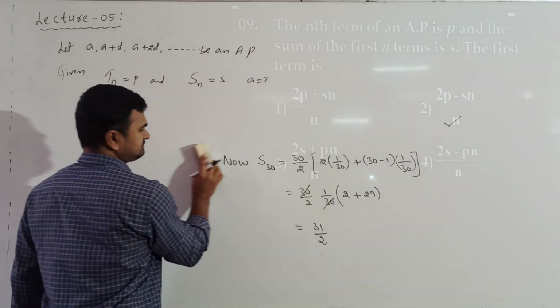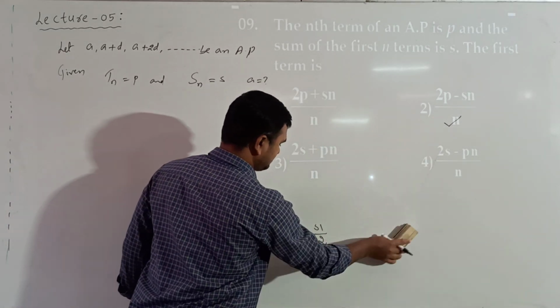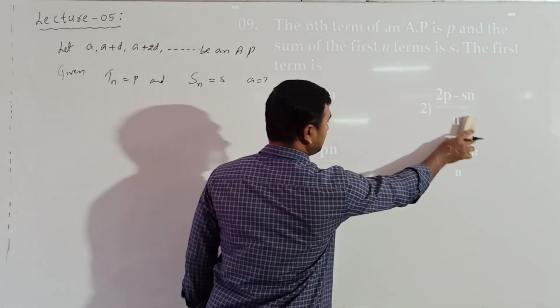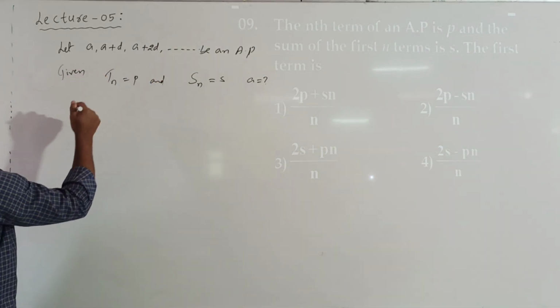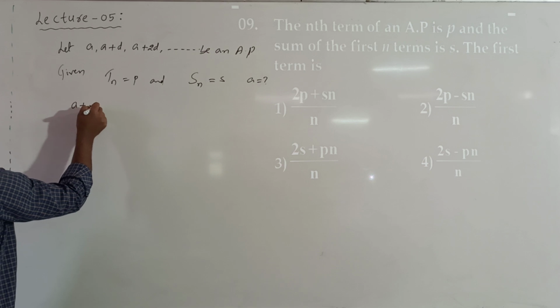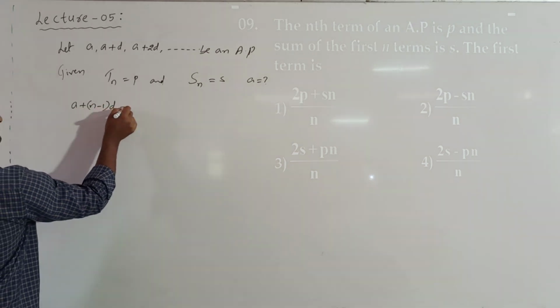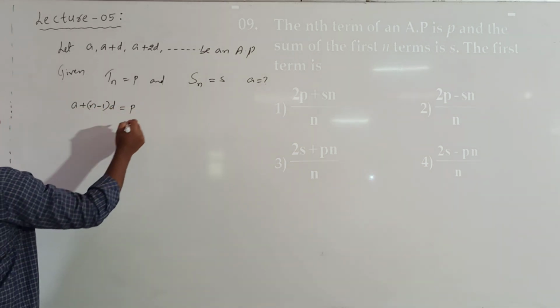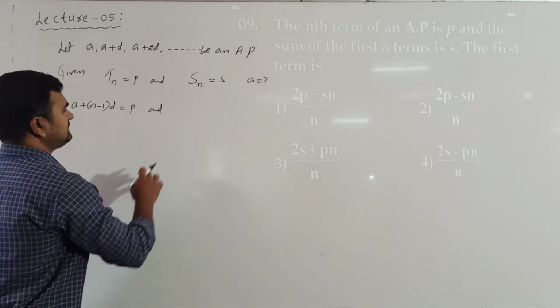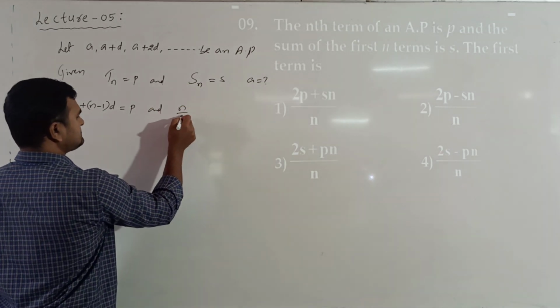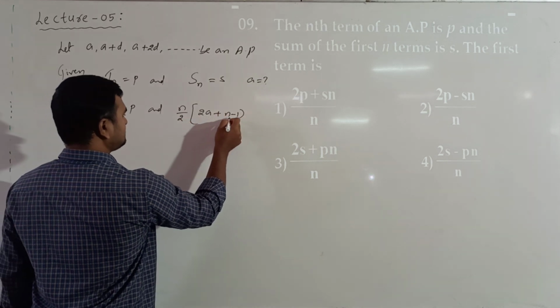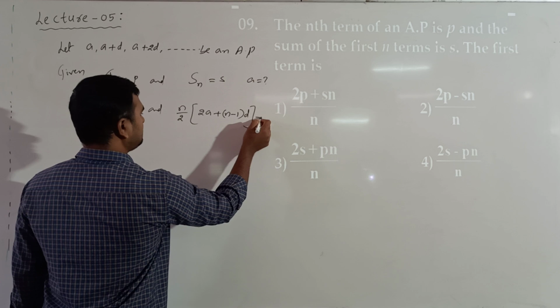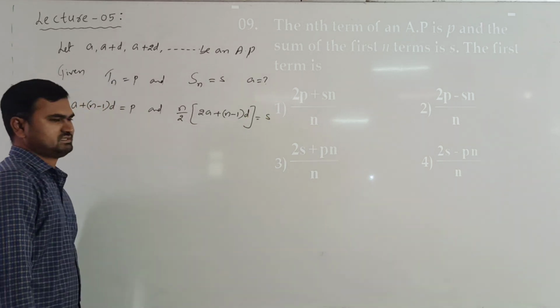This is the problem. Now we know the formulas for the nth term and the sum of n terms. So what is the nth term in an AP? a plus n minus 1 into d is p, given. And Sn, the sum of n terms, n by 2 into 2a plus n minus 1 into d is equal to the given small s.